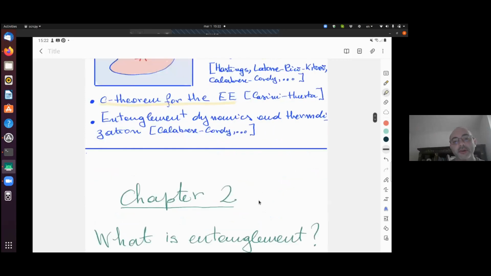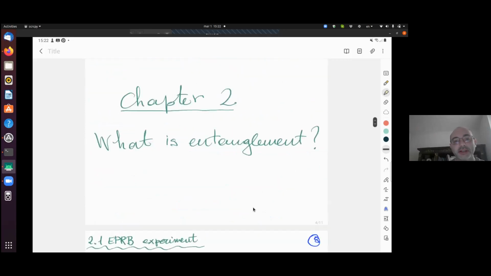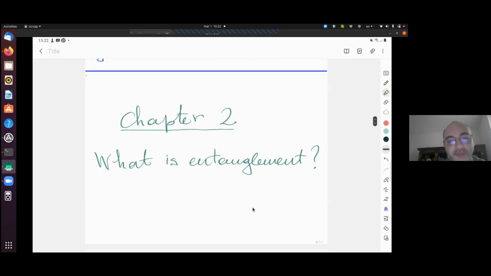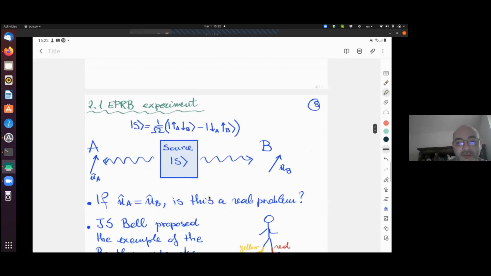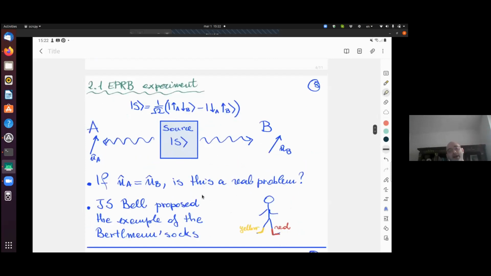Okay, so now I want to basically go to the main physical point of my talk, which is, well, how we can really think about entanglement and, well, maybe what this really is. I'll do it with the famous experiment that everybody knows. This is the famous EPR B experiment.